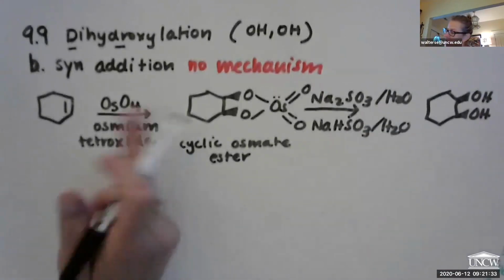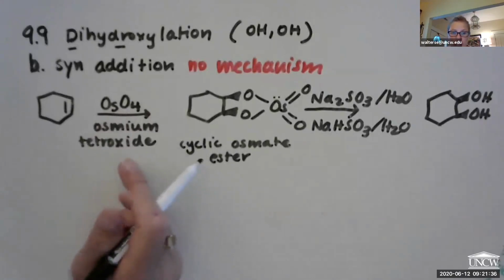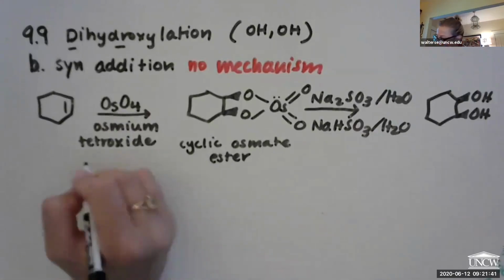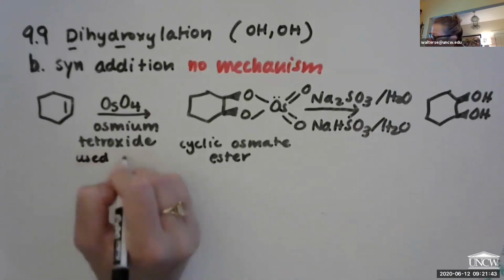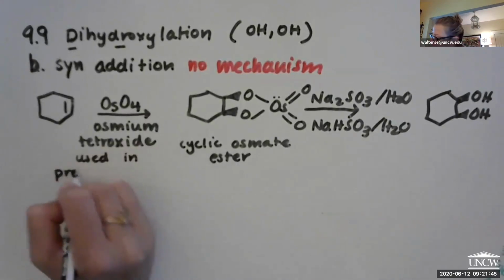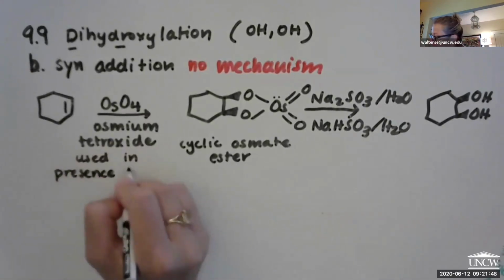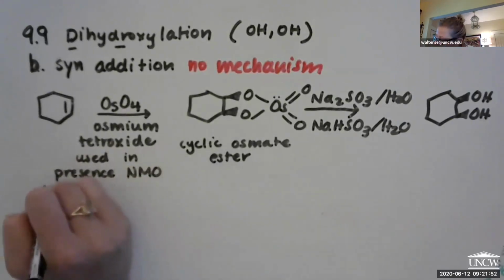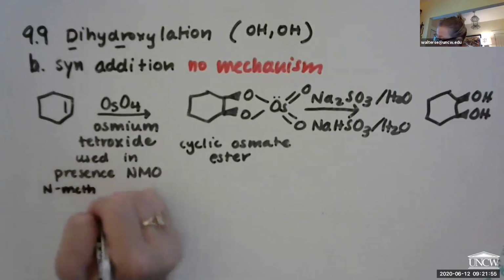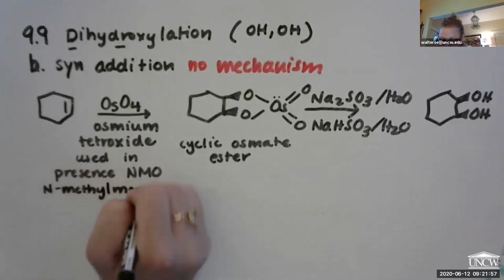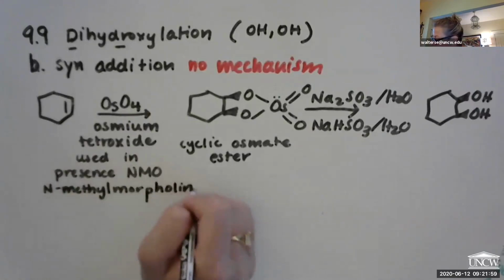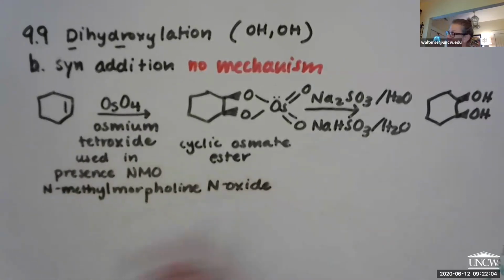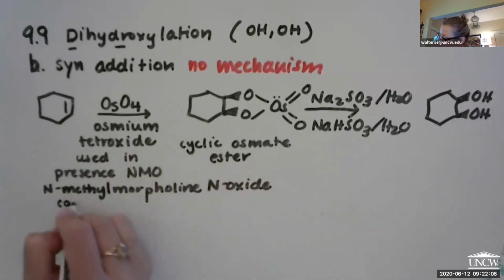Okay. Now, sometimes when you use this reaction and you do the first step, which is the treatment with the osmium tetroxide, this is usually used in the presence of a compound called NMO, which has a long name, N-methylmorpholine N-oxide. Okay. And its role is to be a co-oxidant.